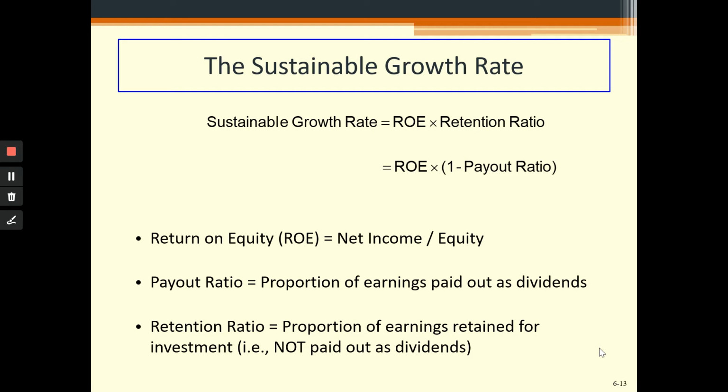The retention ratio is then 1 minus the payout ratio. Usually we have a payout ratio, so we calculate it and subtract it from 1, meaning how much percent of the earnings per share we are retaining within the company. We multiply it with the ROE, and we get the sustainable growth rate.